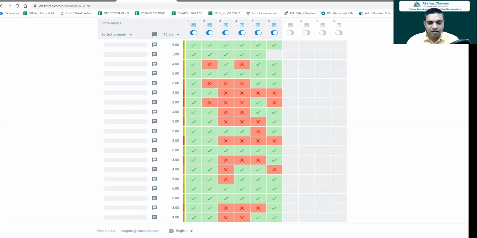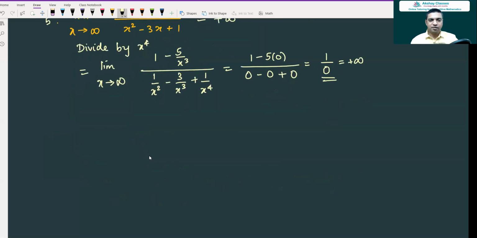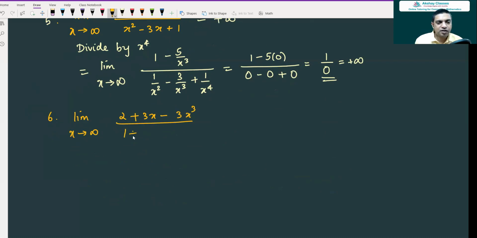Okay. So now listen carefully. This is the question. Limit x tends to infinity, 2 plus 3x minus 3x cube upon 1 plus 5x square plus 3x cube. Both are of the same degree. So divide numerator and denominator by the highest power, x cube.